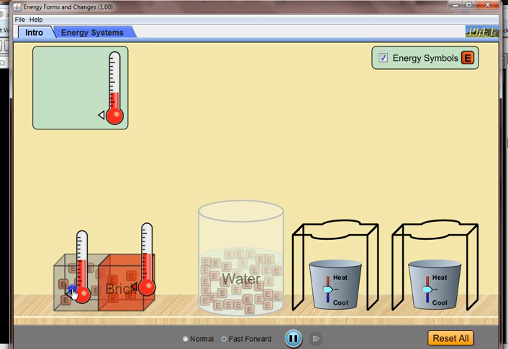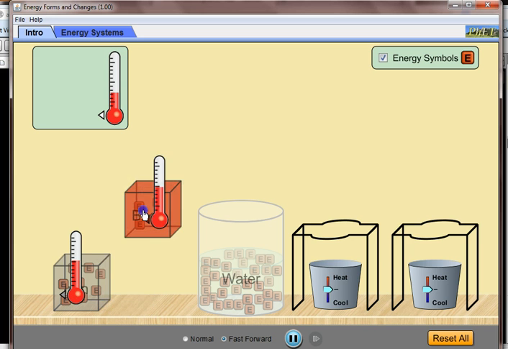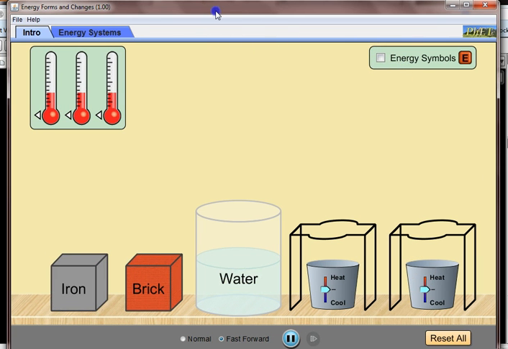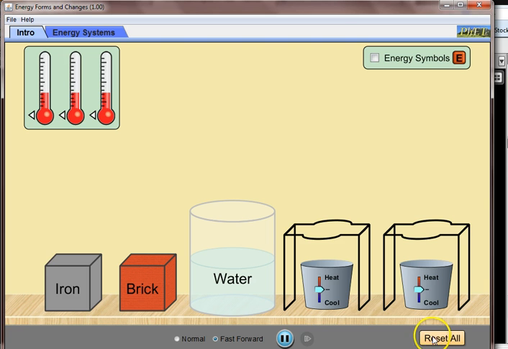Oops, I had a thermometer slightly up. Okay, so let's actually do the reset for this one. Yeah, so let's do the reset.